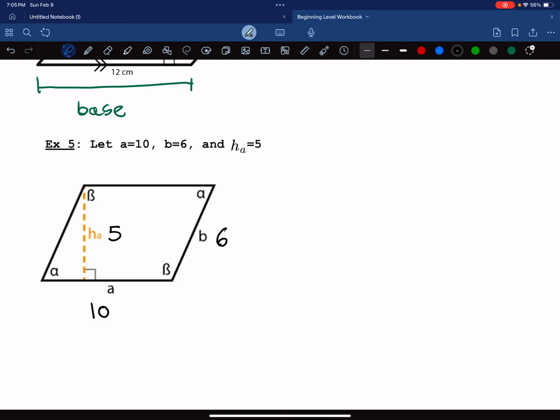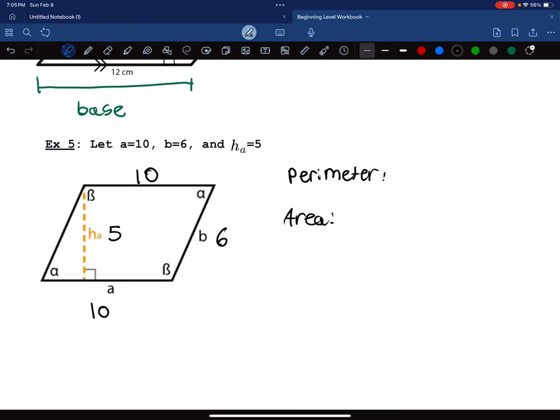So with that in mind, let's try and find the perimeter and the area. As we've seen before, this is a parallelogram. So this A here is going to be equal to here. So we can say, hey, that's 10.